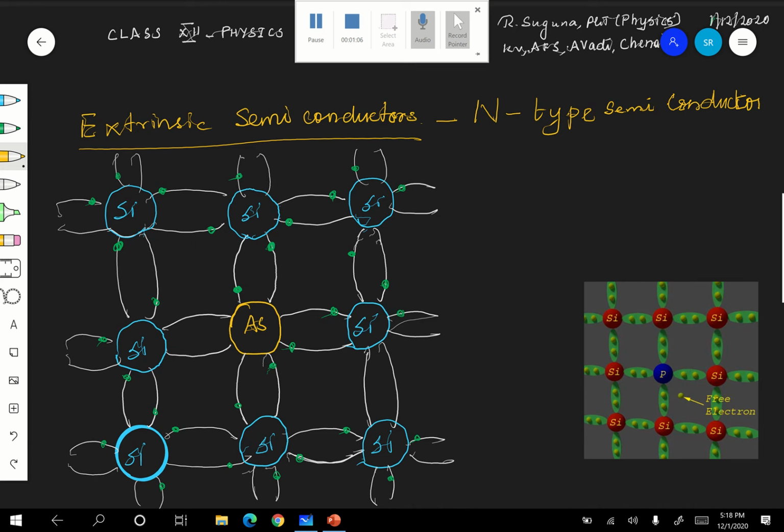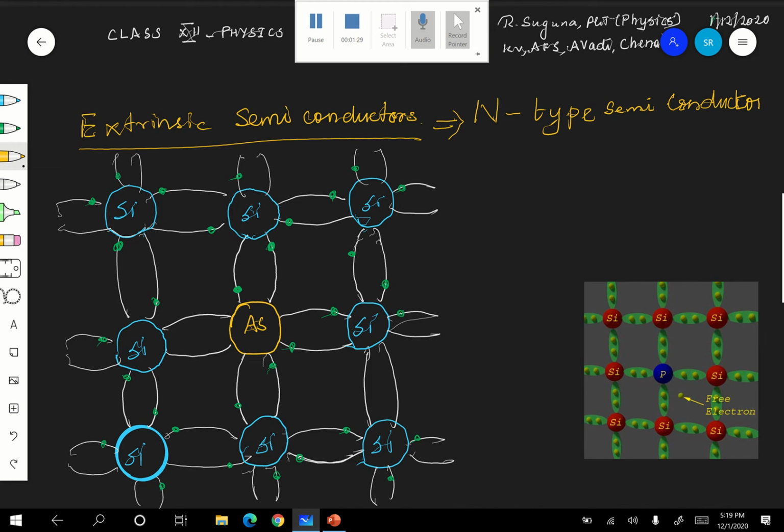Now that we have recapped the previous class, we are going to see the extrinsic, doped semiconductor, which is an impure semiconductor. There are two types of extrinsic semiconductor: one is the N-type semiconductor, and the other is the P-type semiconductor.